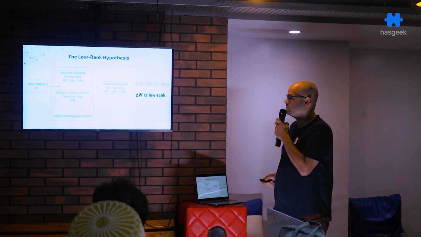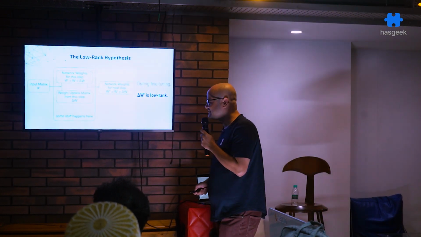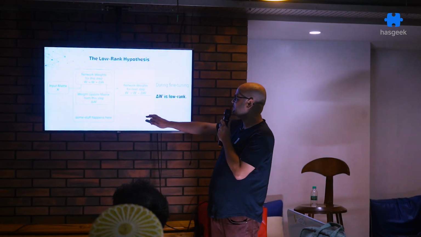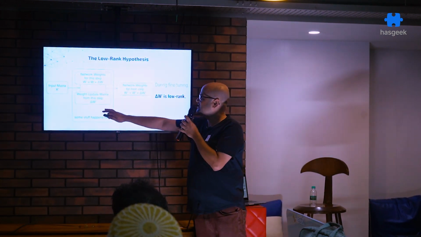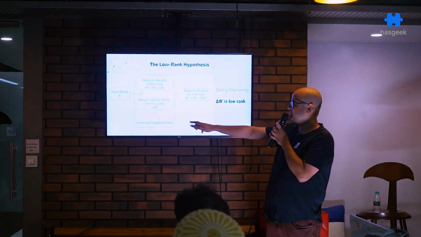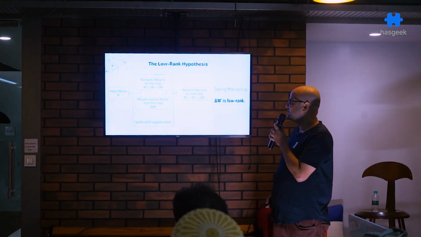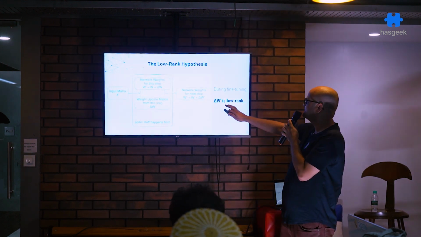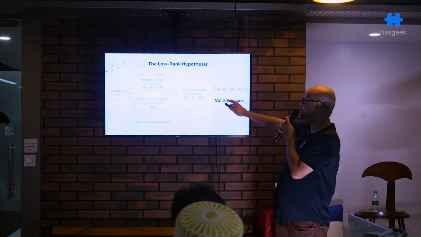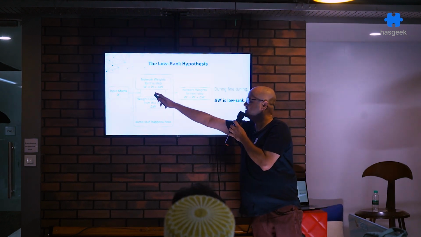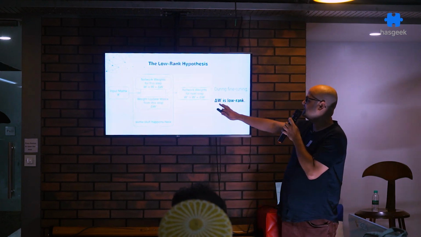Right. So revisiting that diagram about fine tuning, right? In this step, we have W prime, and we want to figure out what the update to W prime is in this step. And what we are hypothesizing is that during fine tuning, the update is low rank.